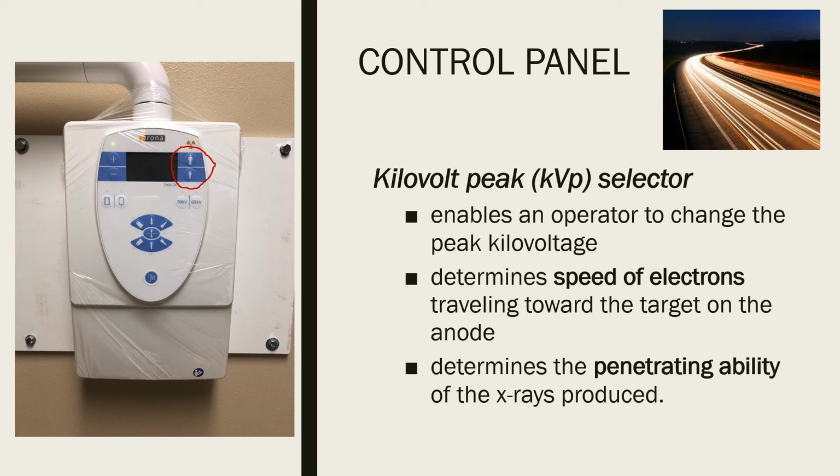It would penetrate the object, but with secondary radiation. And we are going to learn that more when we discuss Chapter 2. So again, milliamperage, the amount, the number, how much X-rays produced; kilovolt peak, the speed, the penetrating ability of the X-rays produced.